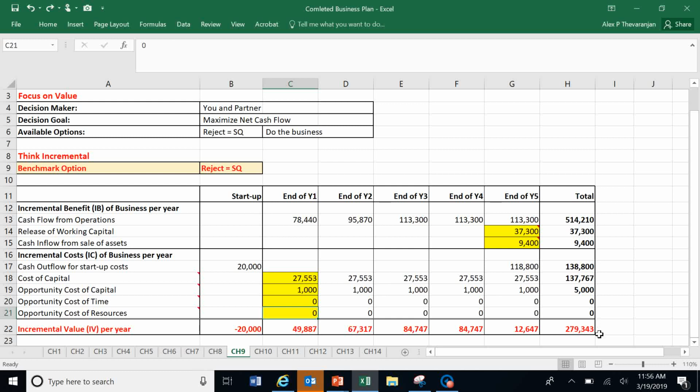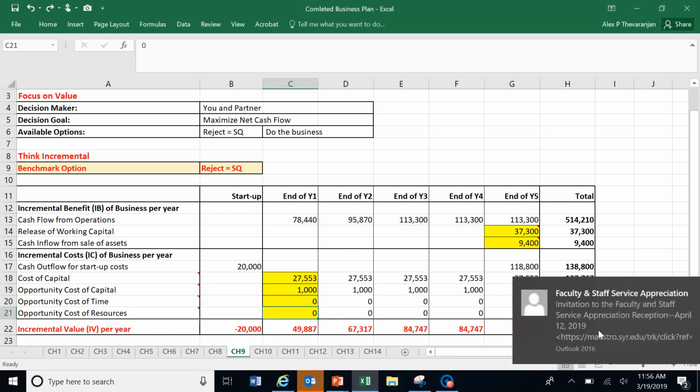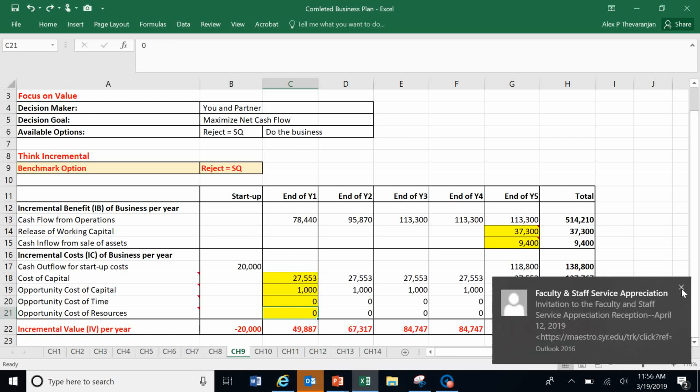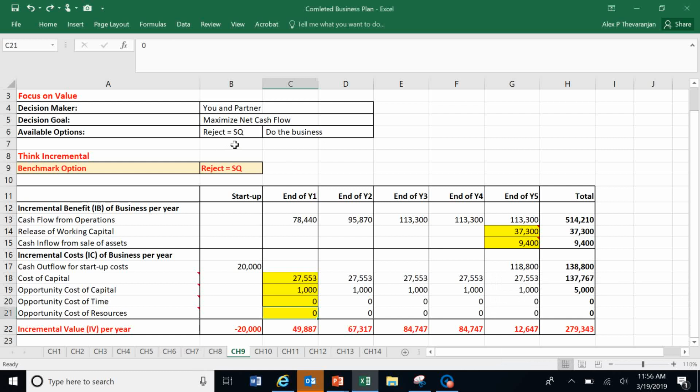So this is 279,343, and the meaning of this is that by doing this business, you are making 279,343 more than the status quo. That is compared to just doing what others are doing. By starting your business, you're going to make so much more.